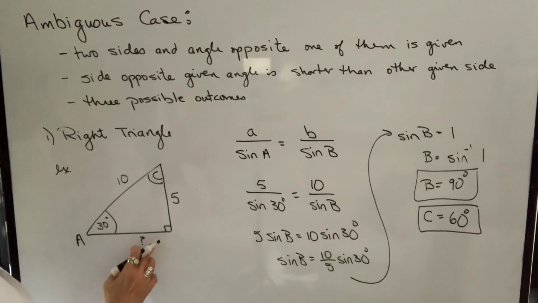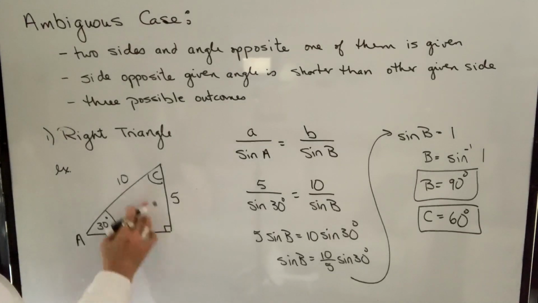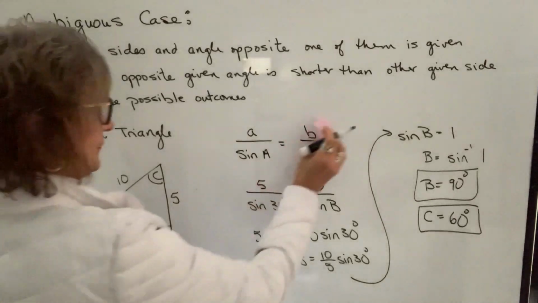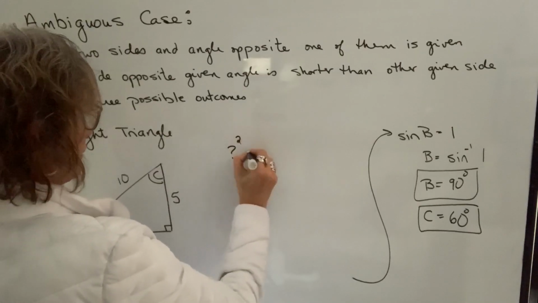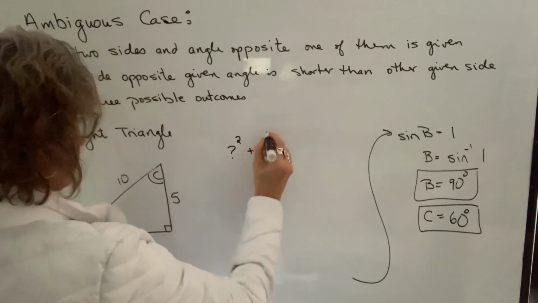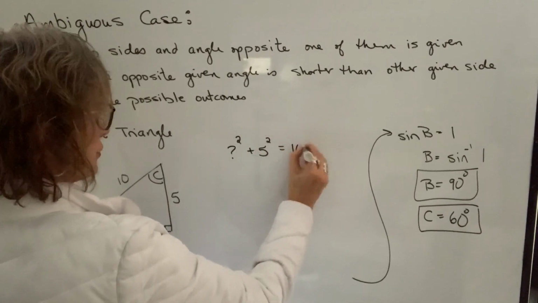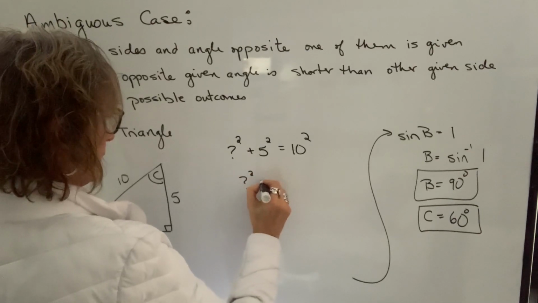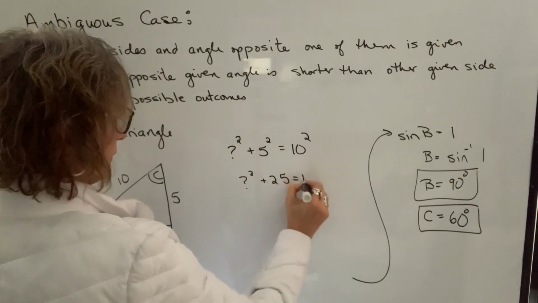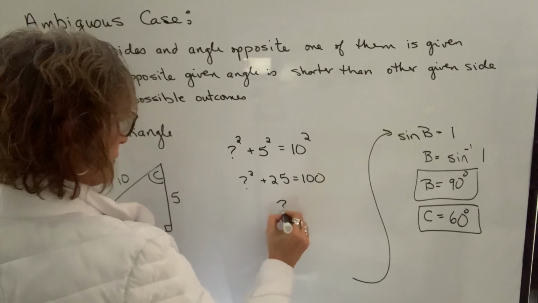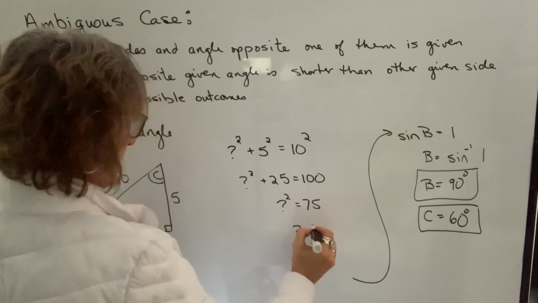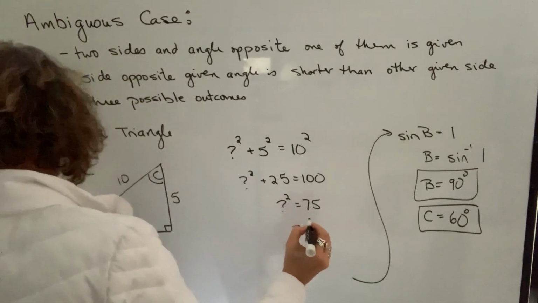So at this point, I could find this side, because it's a right triangle, I could use the right triangle theorem, or I could use a trig function. So my question mark squared plus 5 squared will equal 10 squared, just my right triangle theorem. So my question mark squared equals 75. I take the square root, and that side is 8.66.